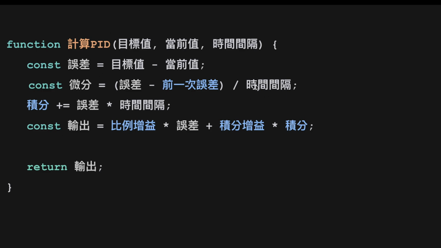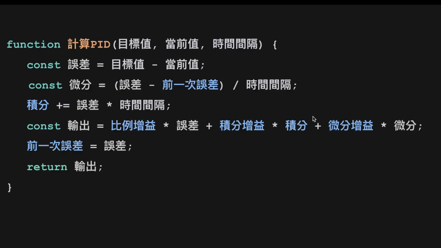The derivative is really simple. Current error minus previous error. Where's the previous error, you ask? Let's add this term first, the derivative, multiplied by the D gain. Then we store the current error as the previous one. We save this error for next time. When the function runs again, it becomes the previous error.